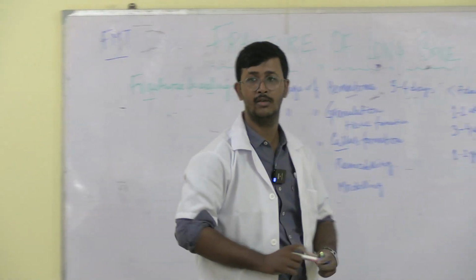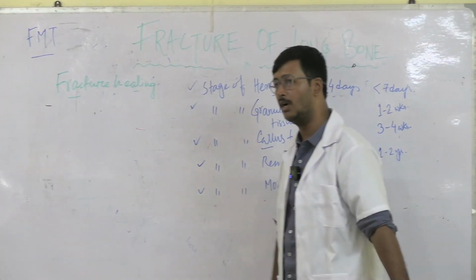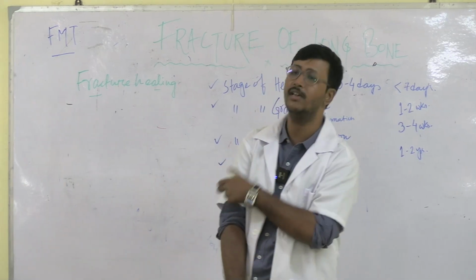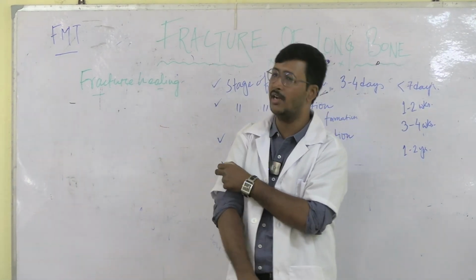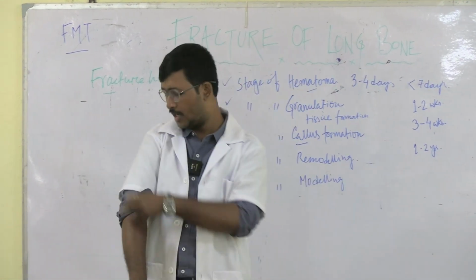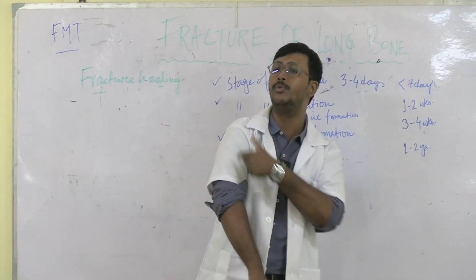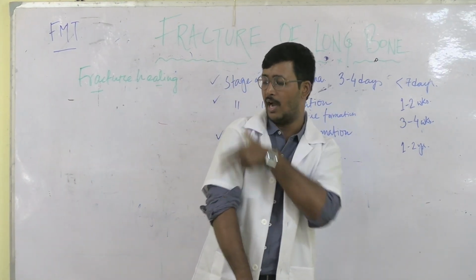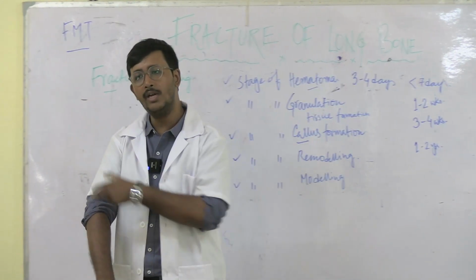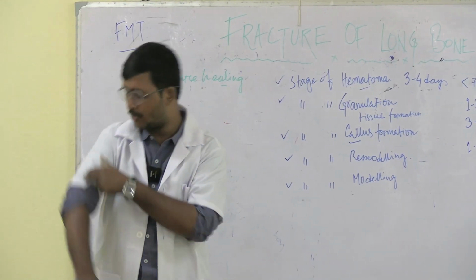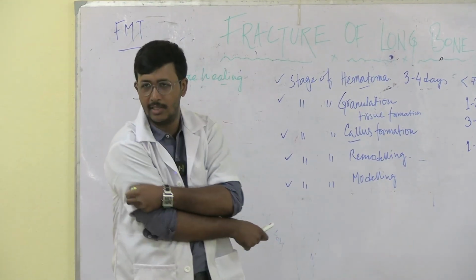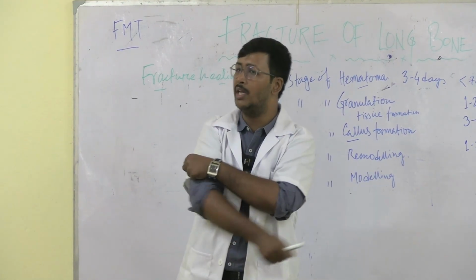Suppose an old man comes to the trauma with severe hand movement difficulty and hand pain. Okay, and after examining you will see certain bruise marks here in the hand, in the arm part. Then when you see those bruise marks and you try to rotate the hand, he will do like this. He will not allow you to move the hand.